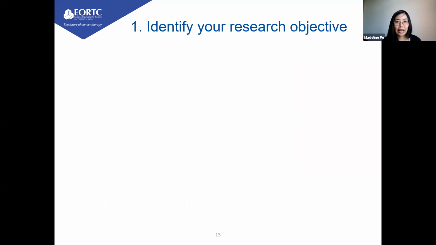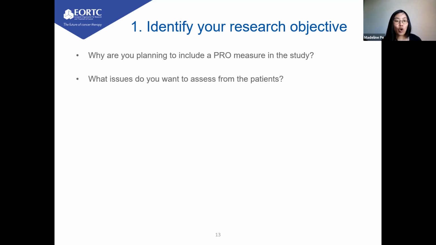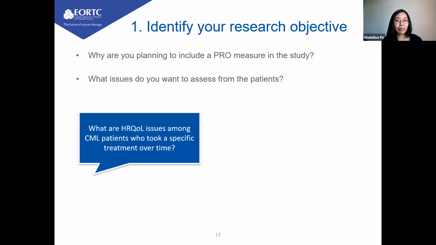First is you have to identify your research objective. So you have to ask yourself first, why are you planning to include a PRO measure in your study? What issues do you want to assess from the patients that you want to give this measure to? So here's an example.